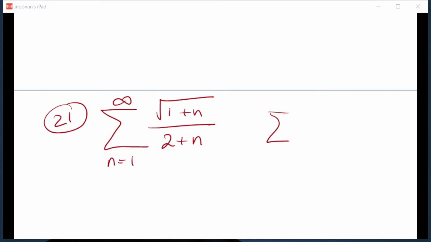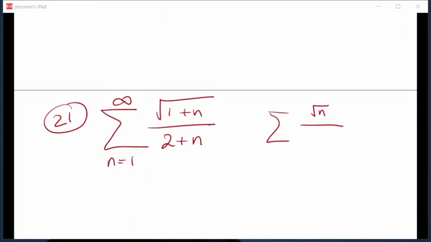The biggest thing in the numerator is the square root of n, which is bigger than 1 almost all the time. So I'll just leave the radical there, since it's the bigger of the two things. If there were 3 things, I would pick the biggest of all of them.